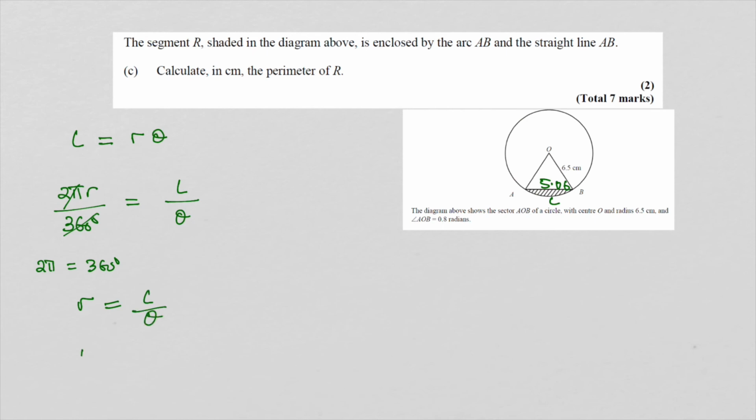To find L, multiply both sides by theta, so L equals r theta. R is 6.5, the radius, and the angle of the sector is 0.8. So 6.5 times 0.8 gives us 5.2.